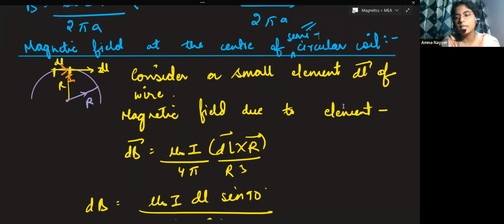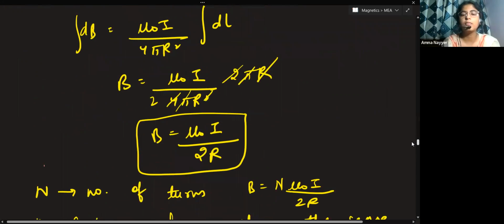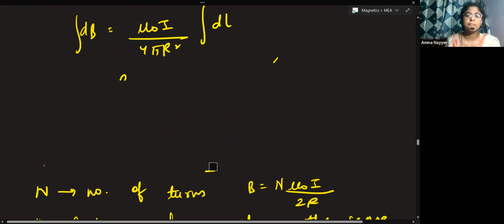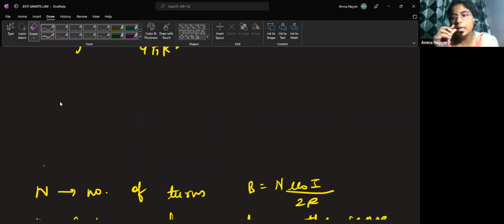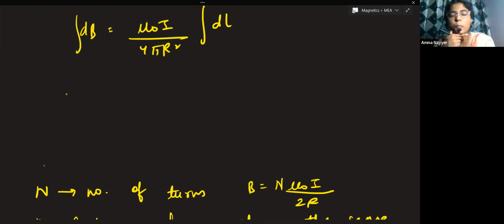And at one more place, can anyone tell me what will be dl for a semicircular one? Circular was given by Z, 2 pi r.